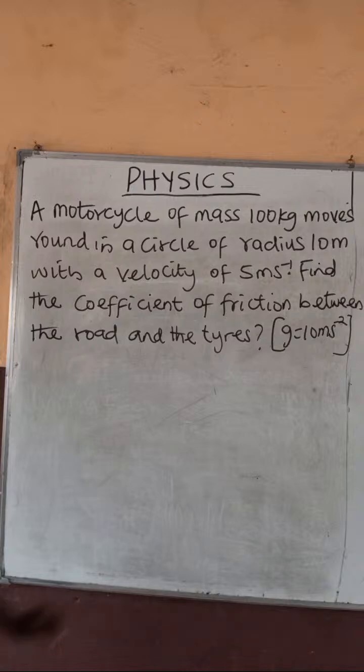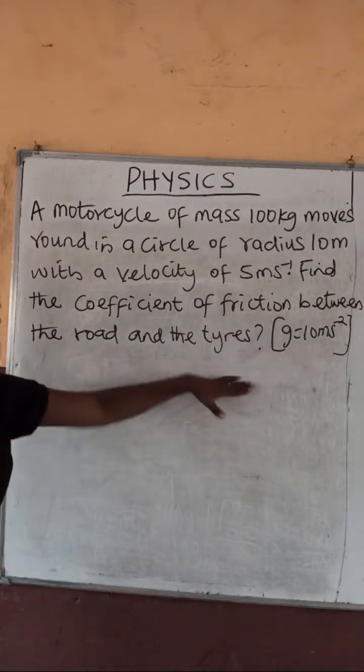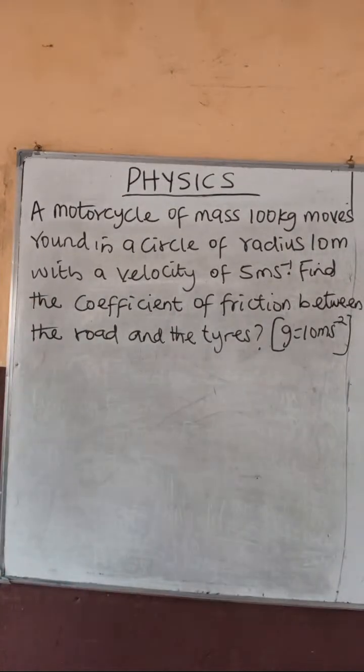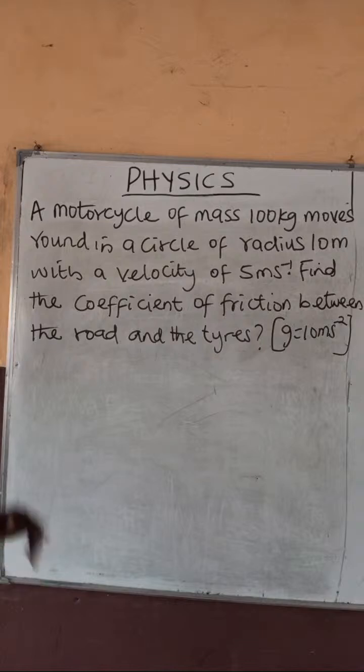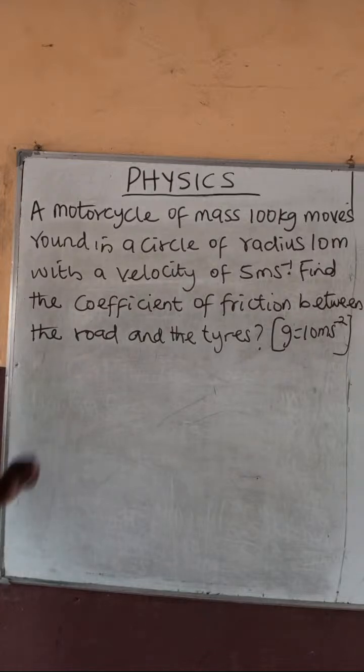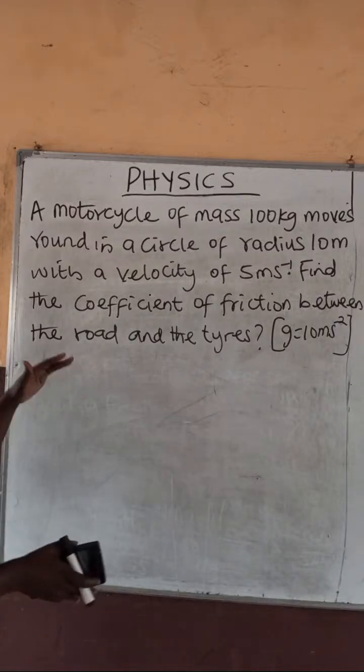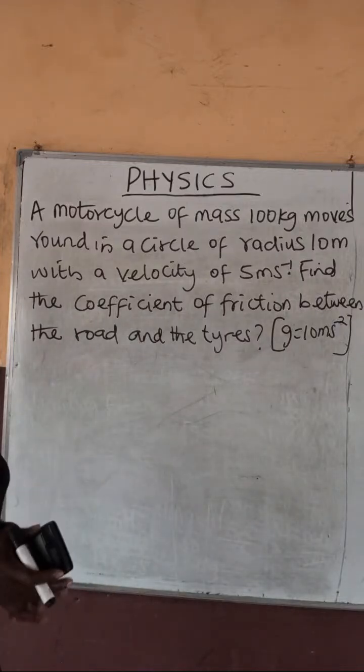Find the coefficient of friction between the road and the tires, and we are given G.